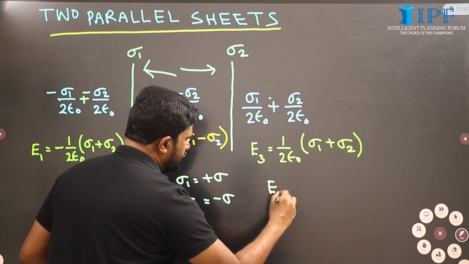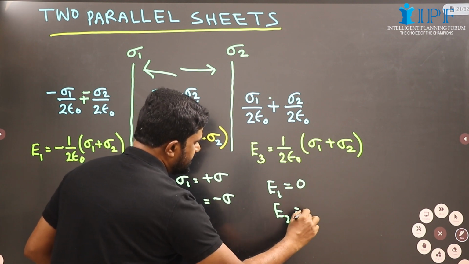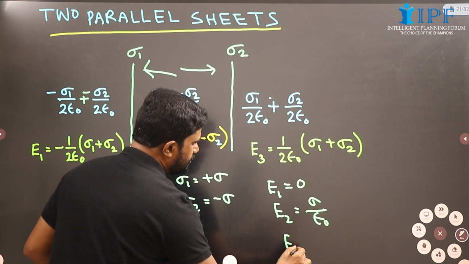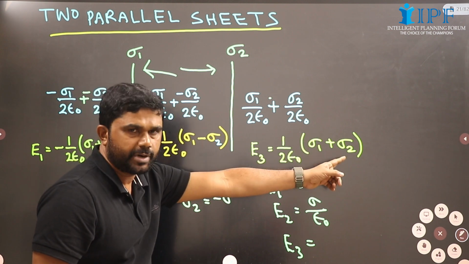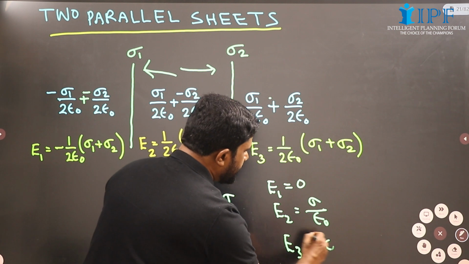So the intensity of electric field in the first region is 0, in the second region it will be sigma by epsilon 0, and in the third region, let's find sigma 1 plus sigma 2. Sigma 1 is plus sigma and sigma 2 is minus sigma, so this will be again 0.